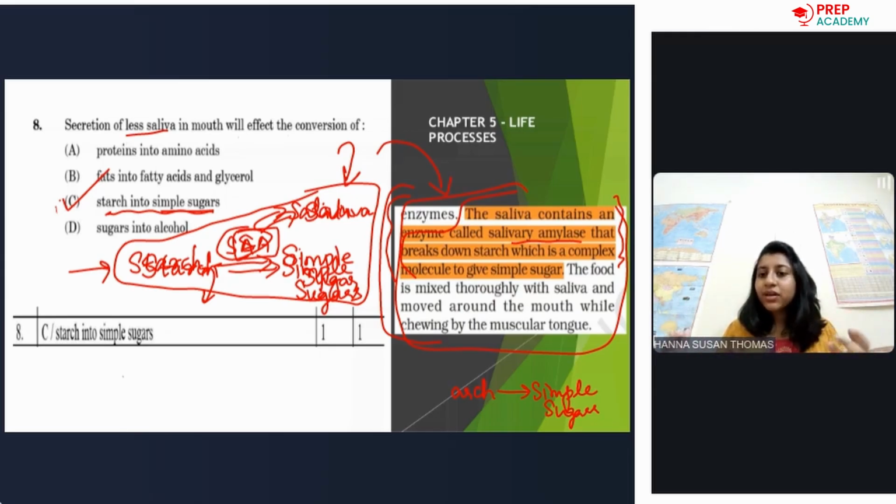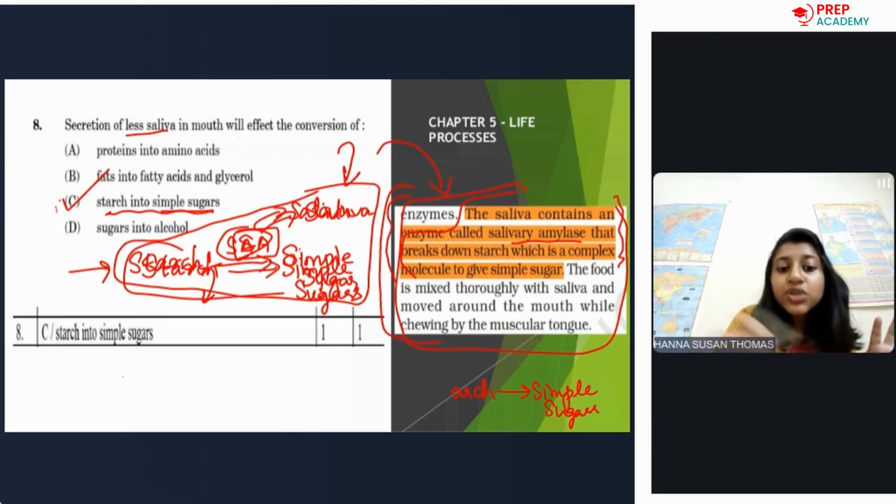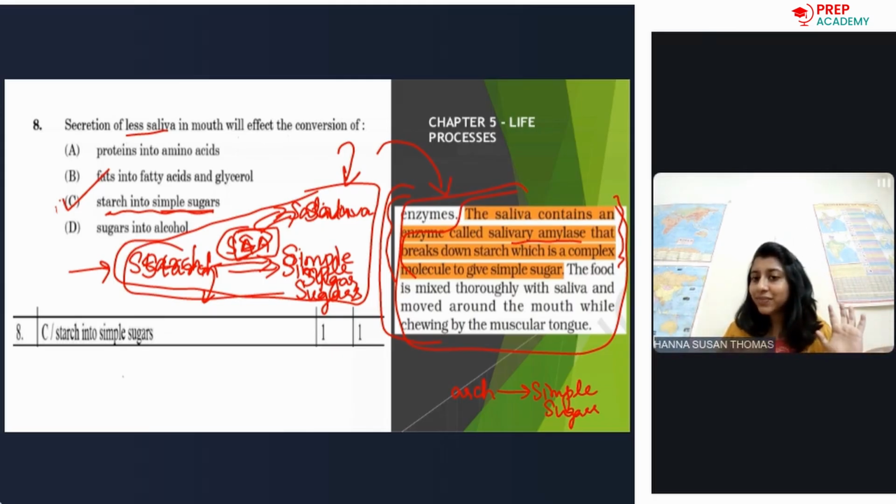So what will happen if less saliva is produced in our mouth? If less saliva is produced in our mouth, that means less enzyme is produced, less salivary amylase is produced. So if less salivary amylase is produced in our mouth, then it will affect the conversion of starch into simple sugars. That's it.